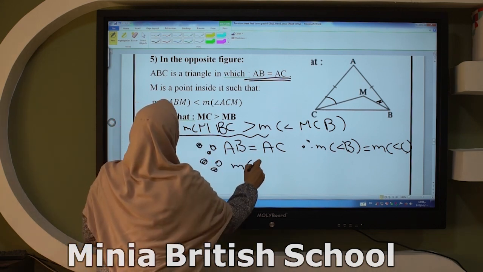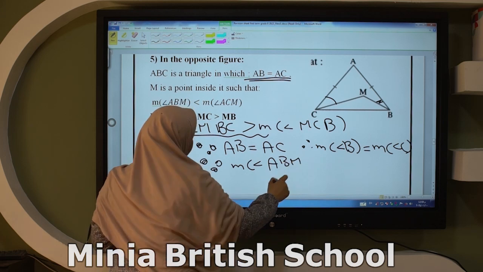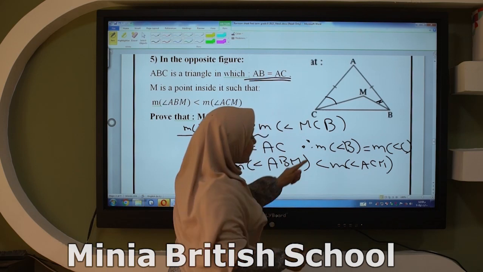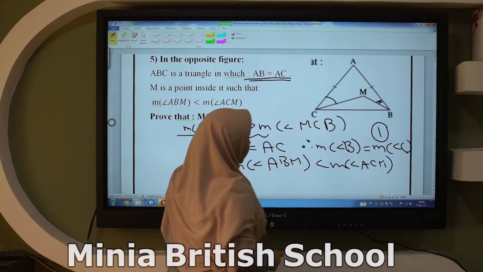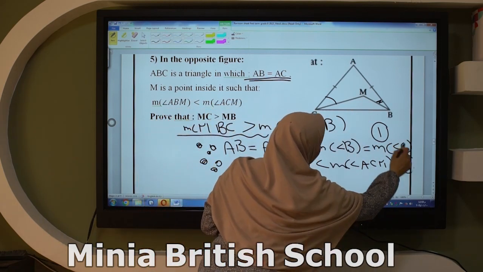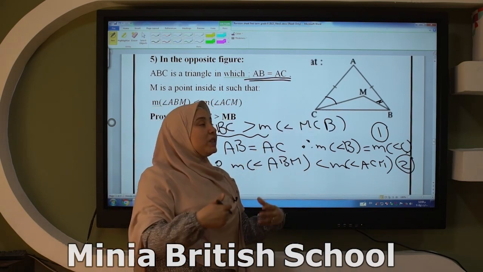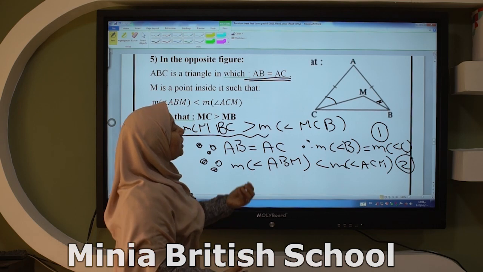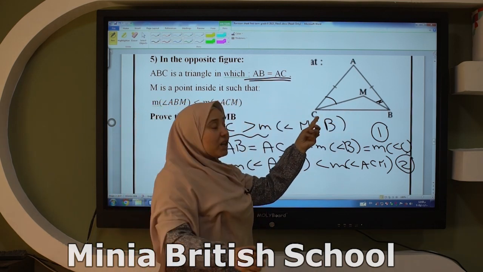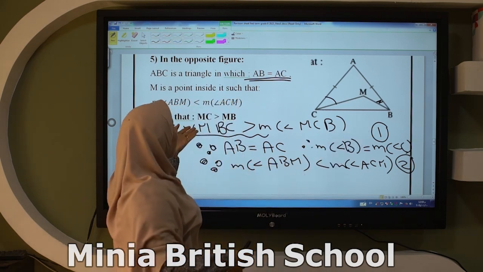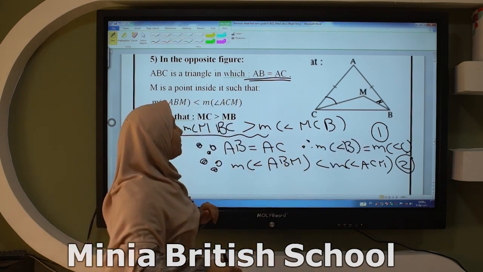Since measure of angle APM less than measure of angle ACM, if this one is 1 and this second one is 2, you can subtract 2 from 1. We deduce that measure of angle MBC greater than measure of angle MCB, then MC greater than MB.